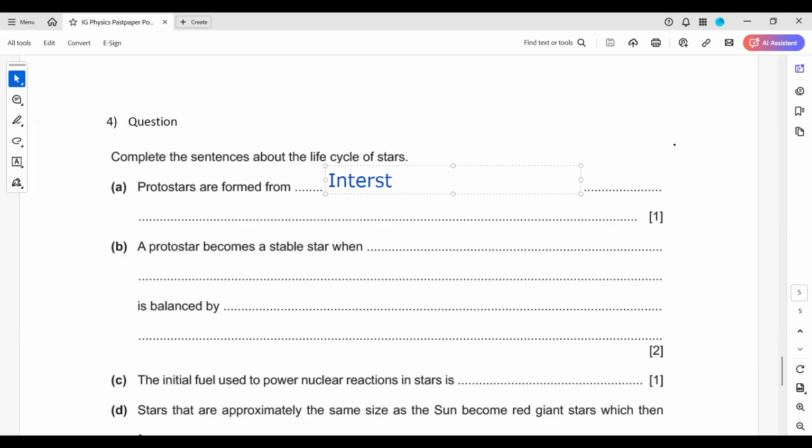You can say molecular cloud, or you can also say from hydrogen, helium, and dust. It can form up. The protostars are formed.